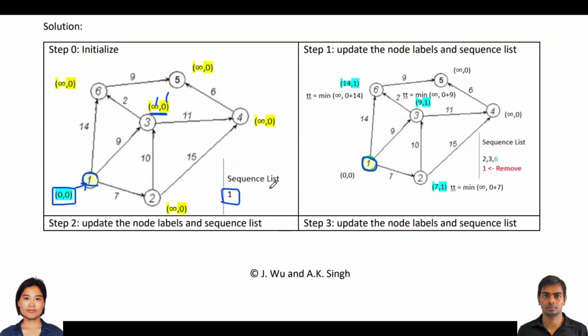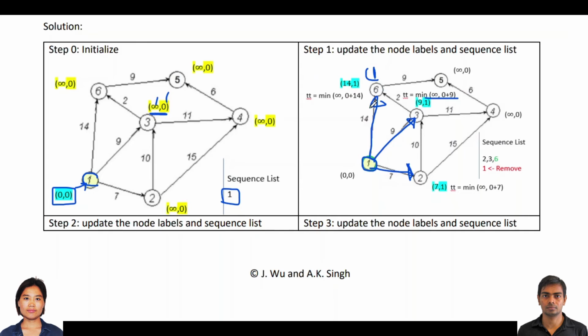In the next step, we'll pick the last number from the sequence list, which is 1, and figure out all the downstream nodes. So this one, and this one, and see if the travel time, which was infinity earlier, is higher than travel time here plus travel time here. Since we are starting with infinity, all of these nodes will get updated. So this node will get updated with the minimum of infinity, which is the previous travel time, and 0, which is coming from here, plus 9.